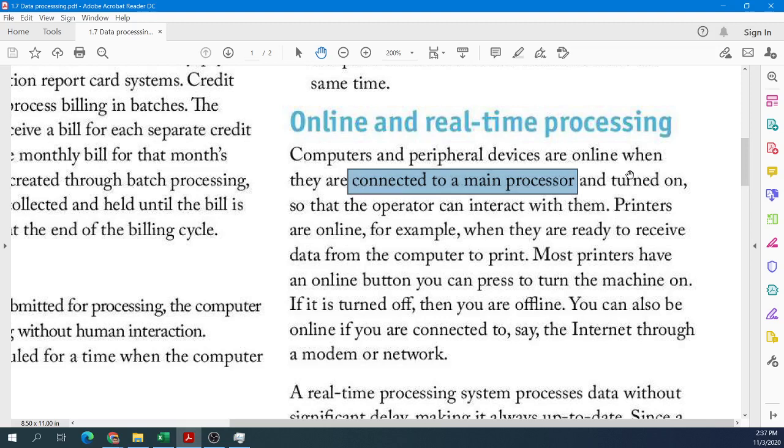When they're connected and when they're turned on, that is when they are online because then we can interact with them. So if they're turned on but they are not connected to the computer, then they're not online. So we cannot use them in any way to be able to process any data. So they have to be turned on and they have to be connected at the same time in order to be online.